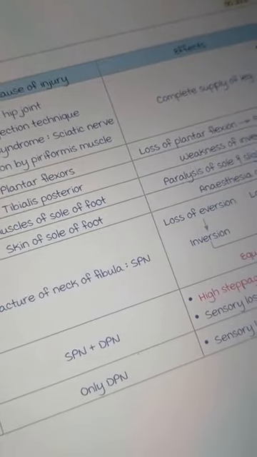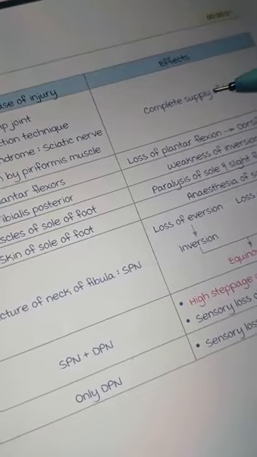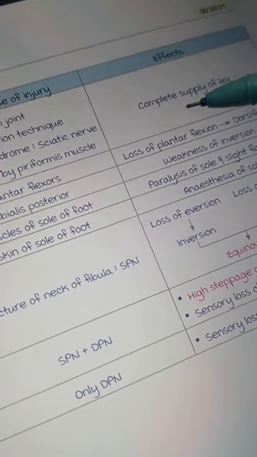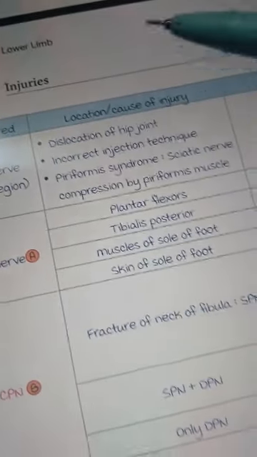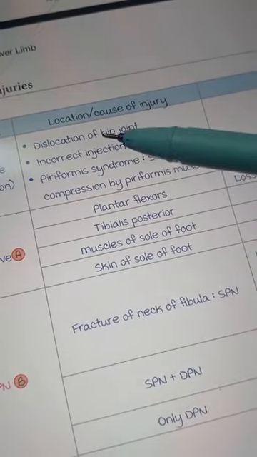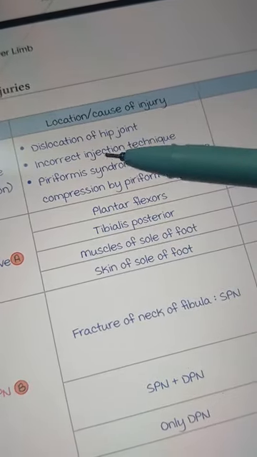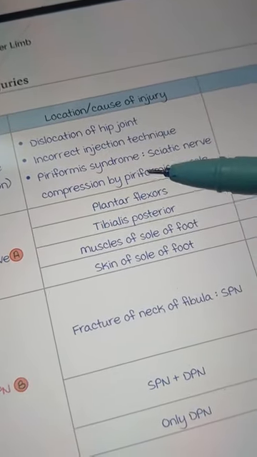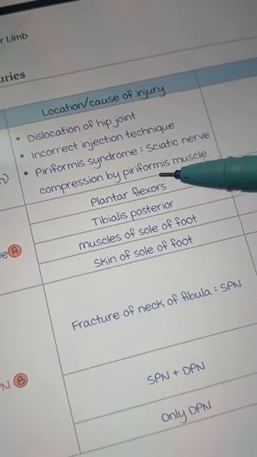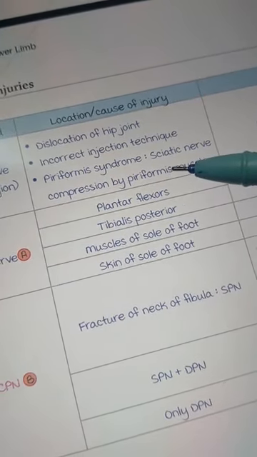Because it is so important to surgically rectify it. Then complete supply of the leg can be hampered. So hip dislocation surgery is important. Then hip joint displacement. Then basically incorrect injection technique, where we give an intramuscular injection in the gluteal region.